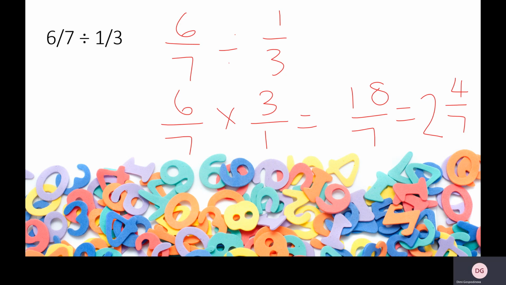C being we're multiplying, so 6/7 times 3/1. 6 times 3 would be 18. 7 times 1 will be 7, and then they will need to convert the fraction which is top heavy into a mixed number by dividing or finding how many times the denominator goes into the numerator.